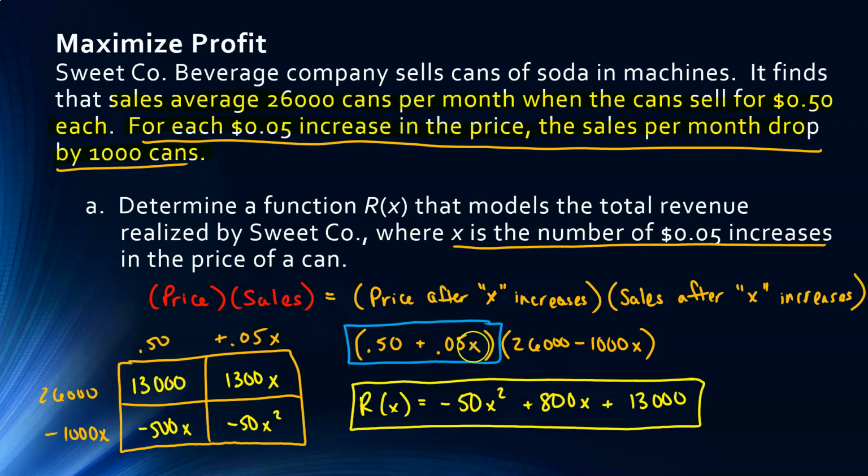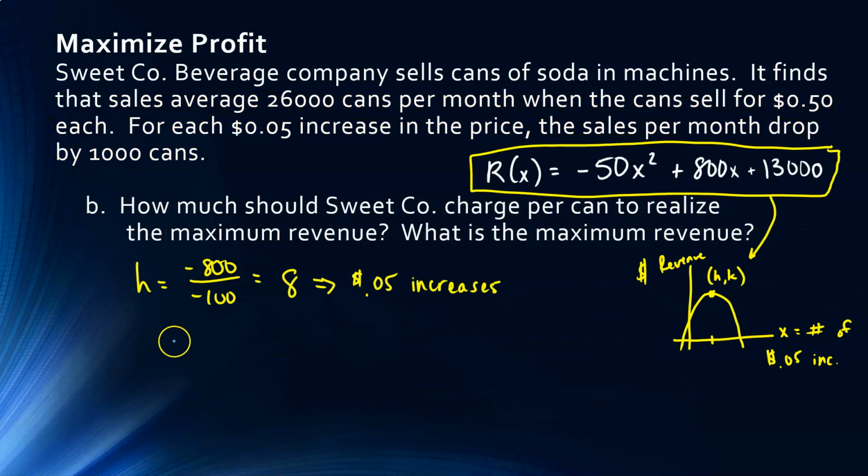So we're going to take 0.05 times 8 and add that to 50. So we would have 50 plus 0.05 times 8. So 0.05 times 8 is 40 cents, and 40 cents plus 50 cents would be 90 cents. So they should charge 90 cents per can.